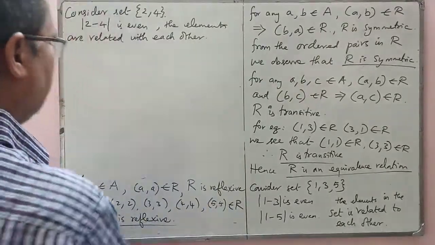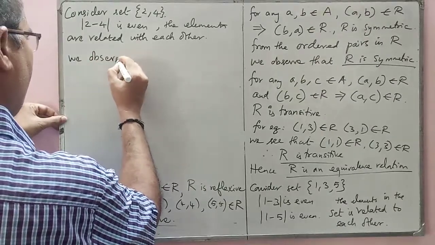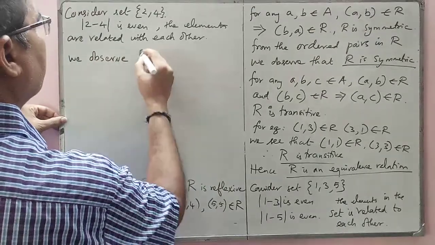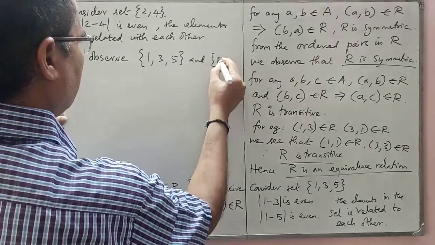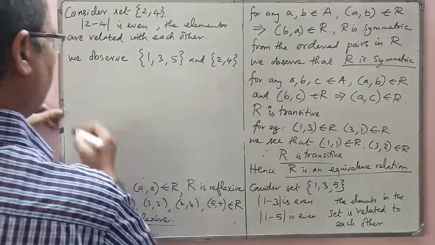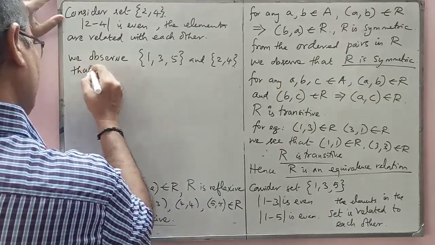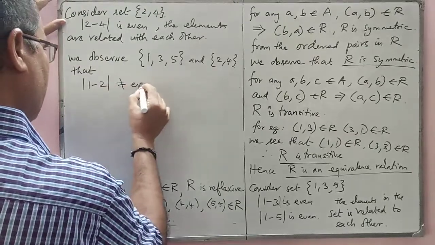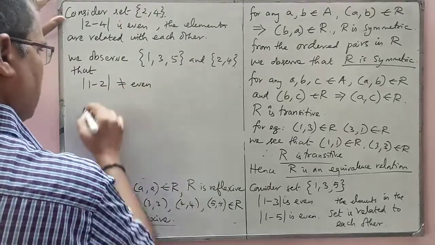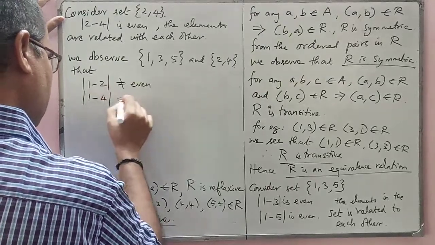We will write: we observe that between the sets {1, 3, 5} and {2, 4}, 1 minus 2 is not even, or 1 minus 4 is not even.